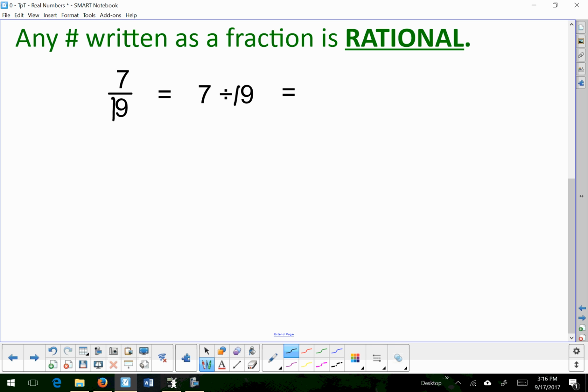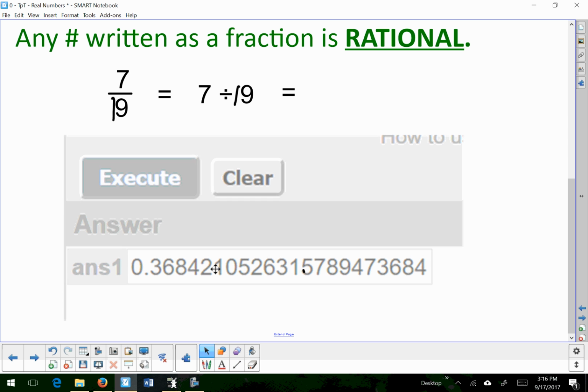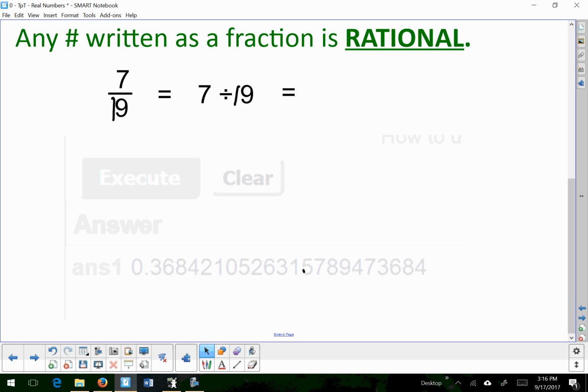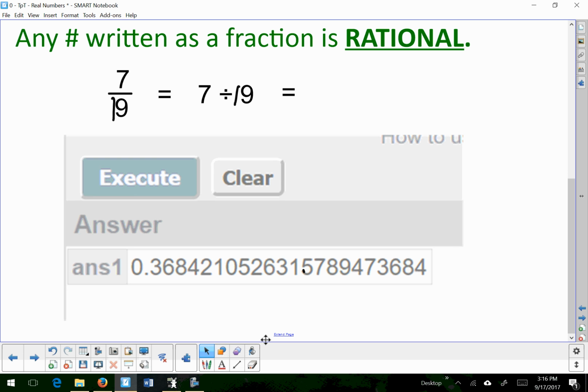My calculator just doesn't have the capacity to show me. So I'm going to show you the output on a more high precision calculator. So I Googled a calculator, and this is what I saw when I entered 7 divided by 19. I saw 0.36842105263157897, and then I saw 3684, and it keeps on going, but there it is.